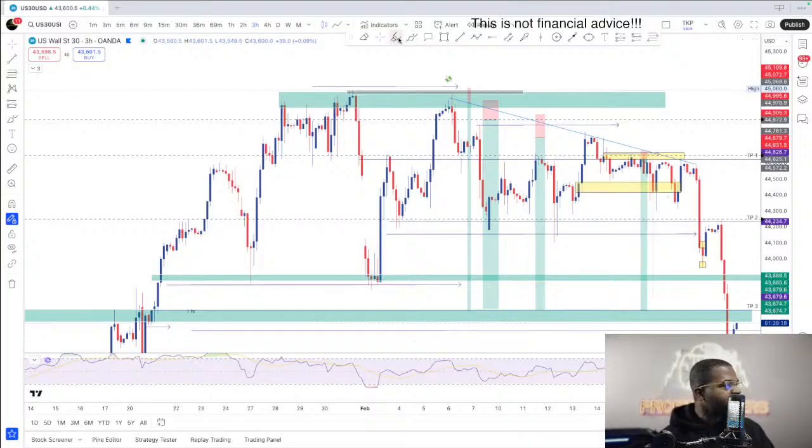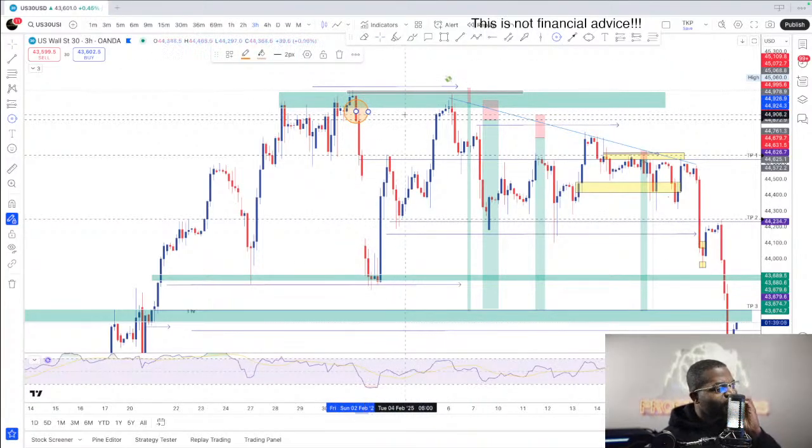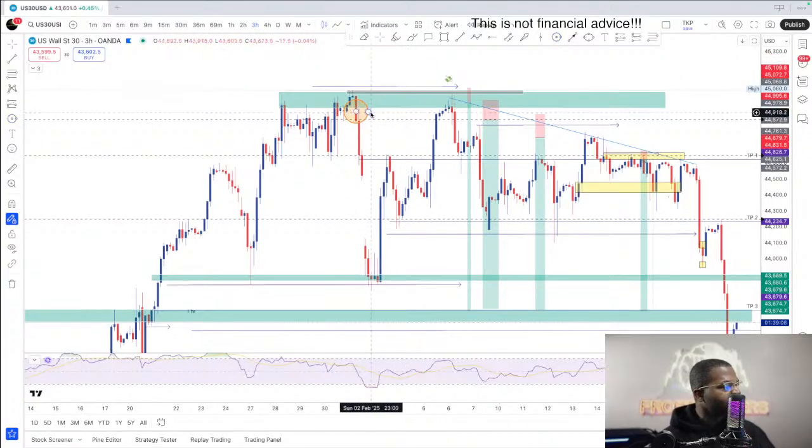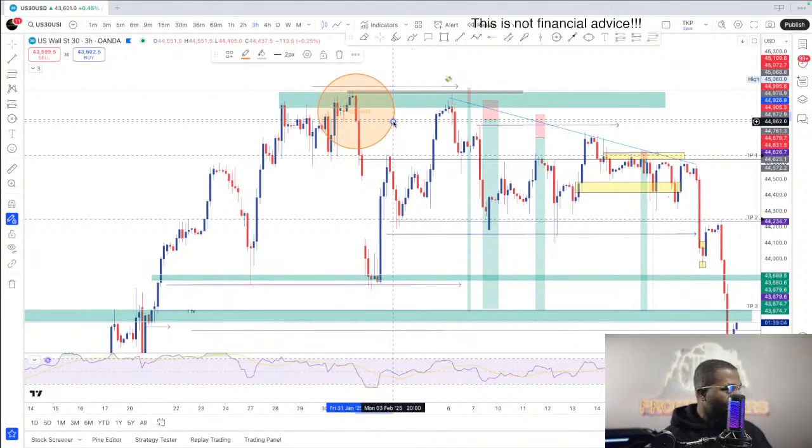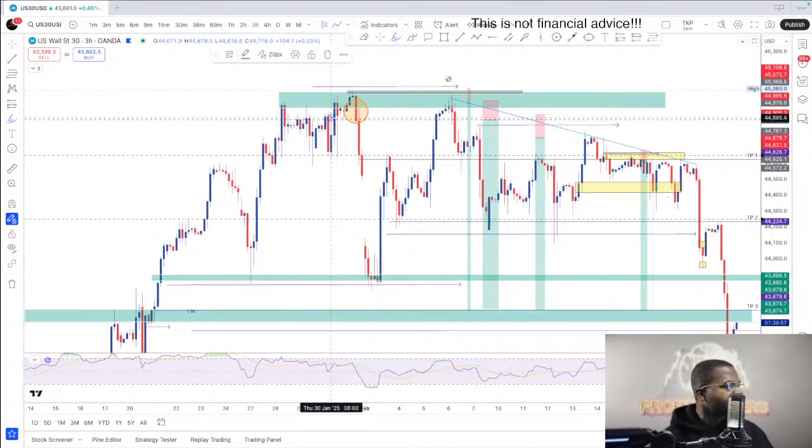So what we do is, when I see big breaks like this in the market, I know they'll get retested. Okay? So in that area, I marked the same thing.